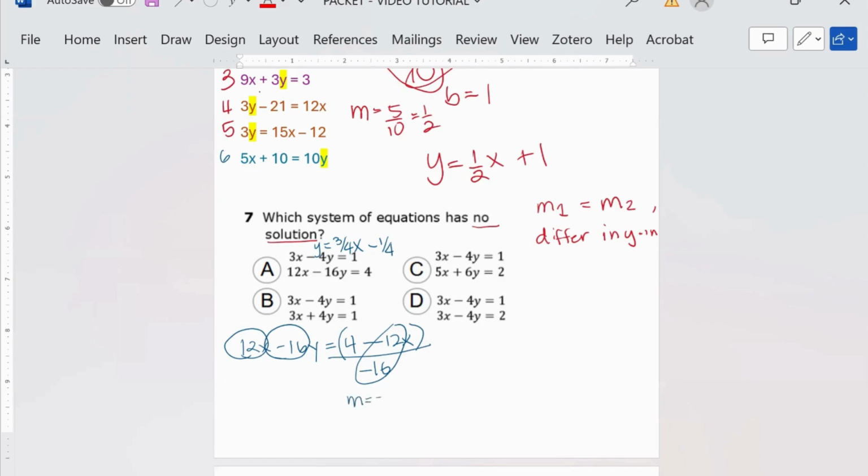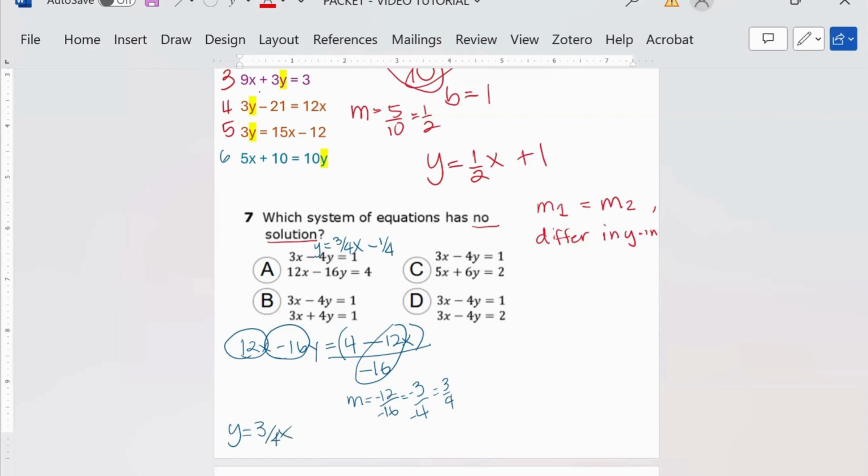Negative 12 over 16, that's divisible by 4, no? So 12 divided by 4 is 3, and 16 divided by 4 is 4. But since same sign, it's going to be positive 3/4. So my y equals positive 3/4 x.